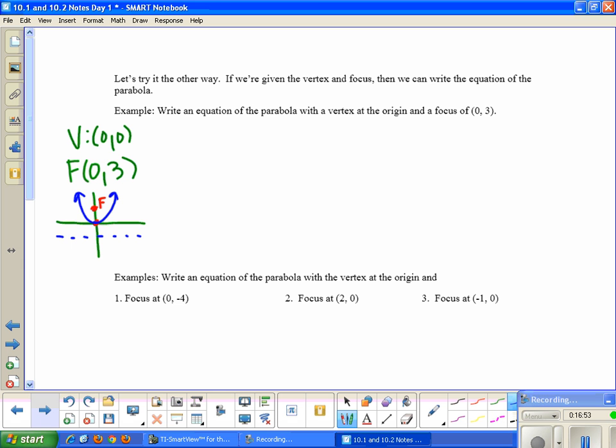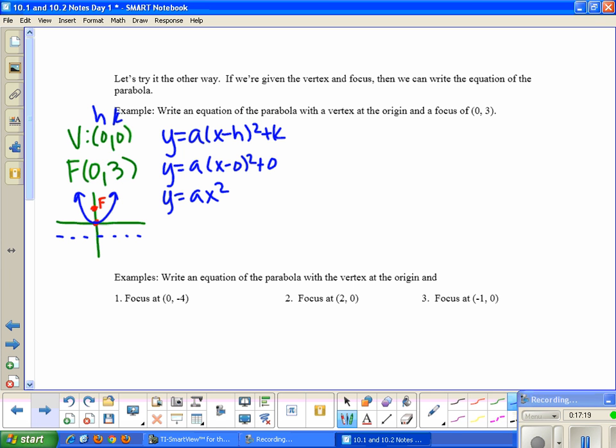So in this case, that helps me figure out a lot of stuff. So I know this is y equals a times (x minus h) squared plus k. I know my h and my k for my vertex are 0, 0 because it told me that from the beginning. So I really only need to find what my a value is, because right now I have y equals a times (x minus 0) squared plus 0, which is just y equals a x squared.